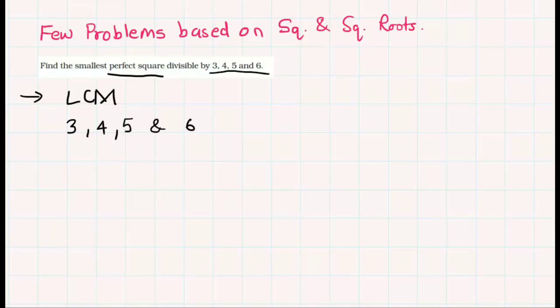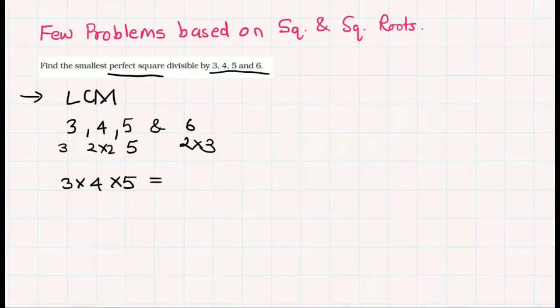So the first thing that we do here is find the LCM for 3, 4, 5 and 6. It is 3, 2 into 2, 5 and 2 into 3. So the LCM will have 3, it will also have 4, it will also have 5. This number has both of these.